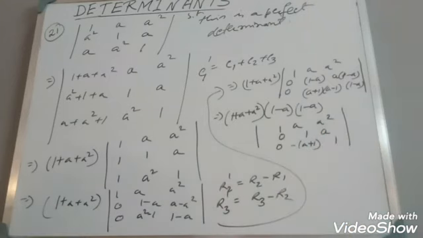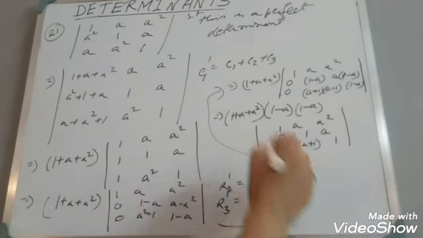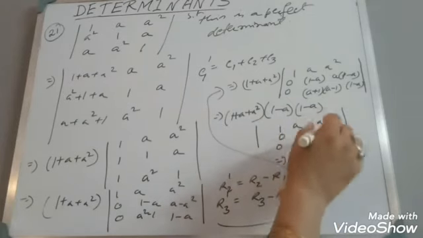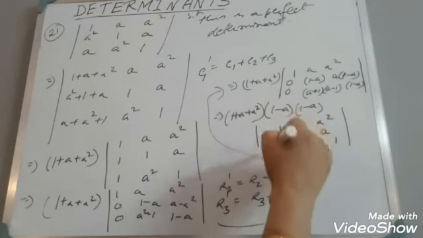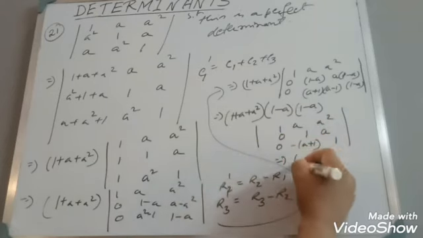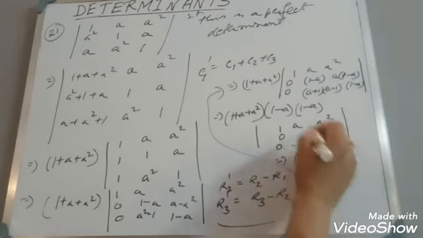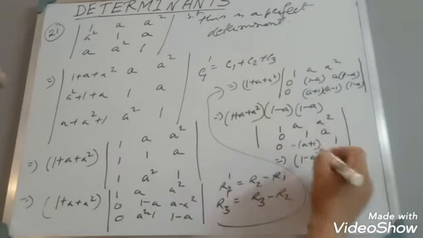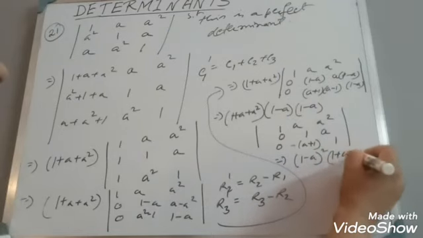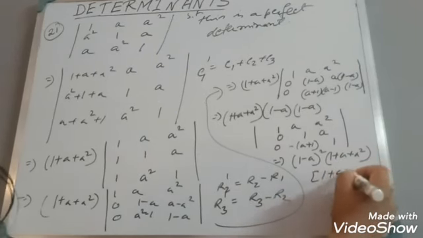Now we will expand with respect to the first column. As the first column is 1, 0, 0, it will be easier for us. So it will be 1 minus a into 1 minus a, and 1 plus a plus a square into 1 plus a into a plus 1.